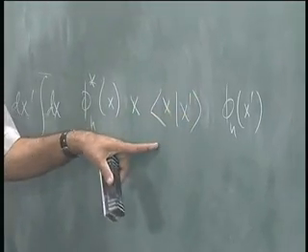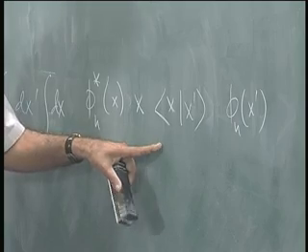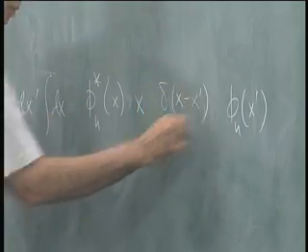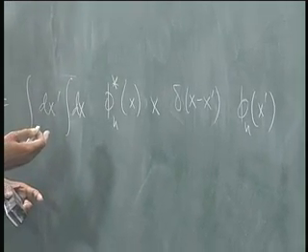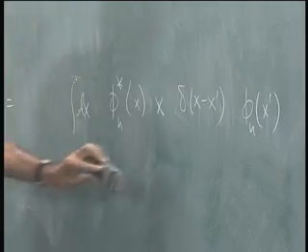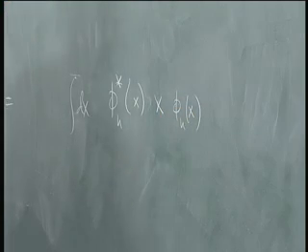But what is this? It is a delta function because it is an orthonormal basis. So this becomes a delta of x minus x', and then I can do the x' integral. So I get rid of the x' integral and all that happens is that you have a phi n of x.